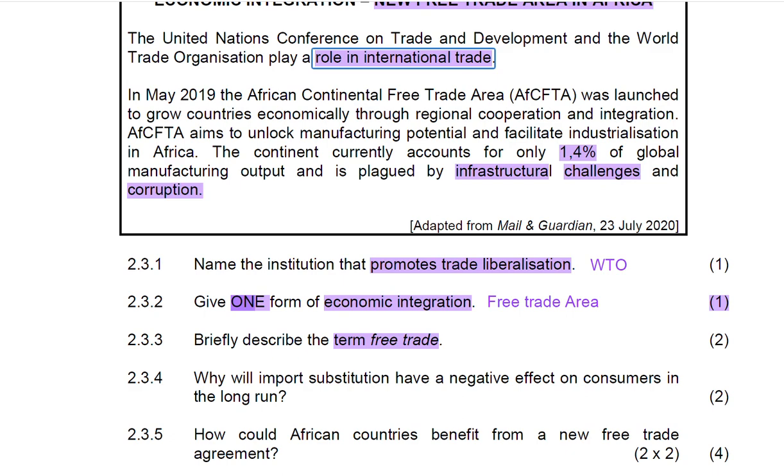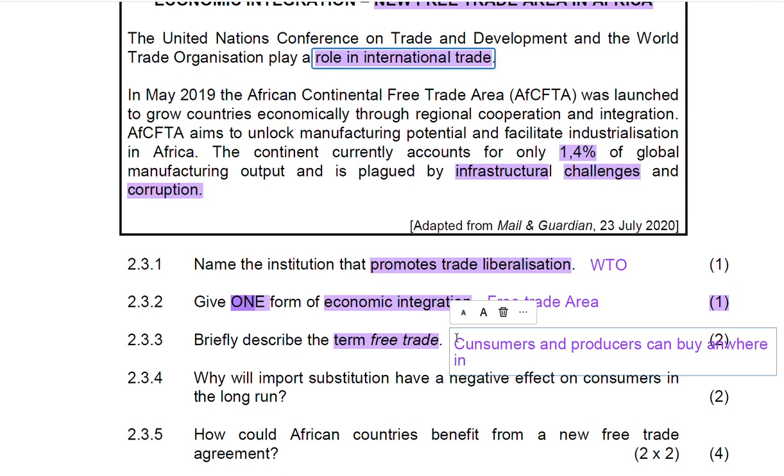Now I need to write on the screen how you are going to answer. You're saying consumers and producers can buy anywhere in the world without restriction.